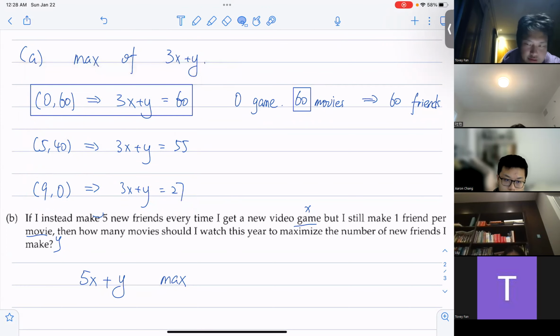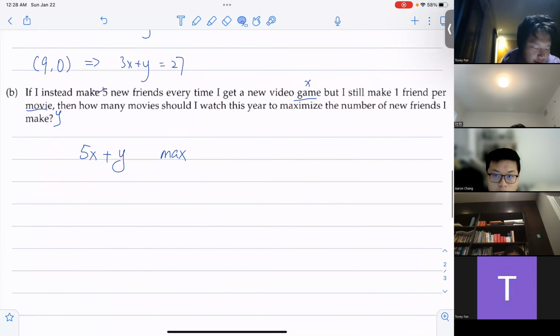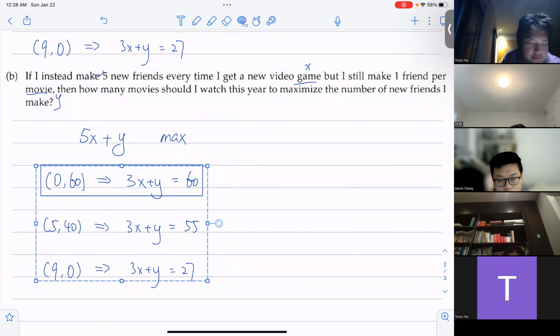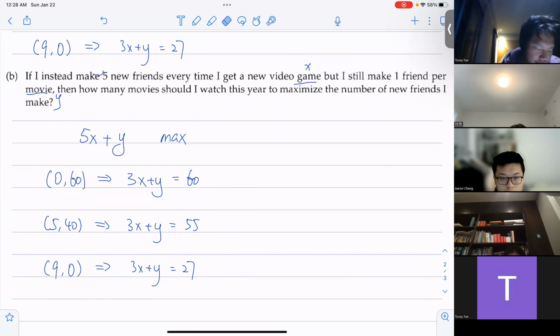All you need to do is to figure out the expression you need to find and then plug in all the intersections again.